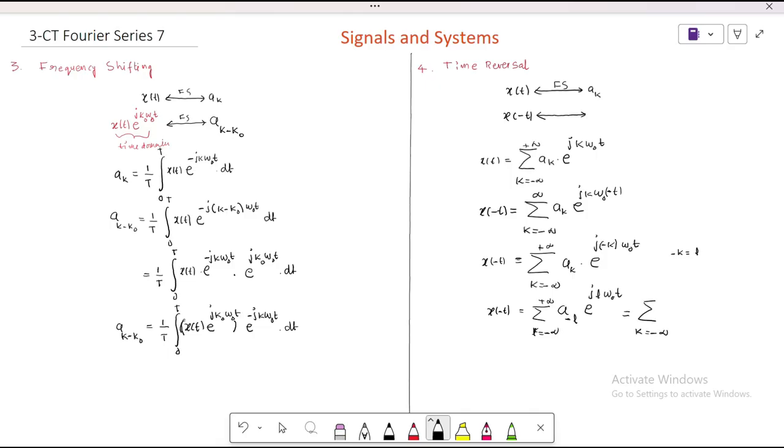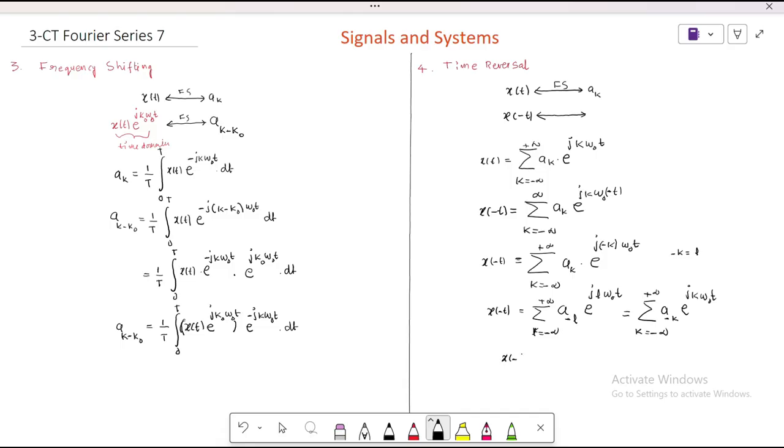So k equal to minus infinity to plus infinity, a minus k e power jk omega naught into t. We can write it in any letter. In our Fourier series, k is the main variable, so that's why I am converting L to k. Also, if you take k directly here, you should replace it with minus k. That is the concept.